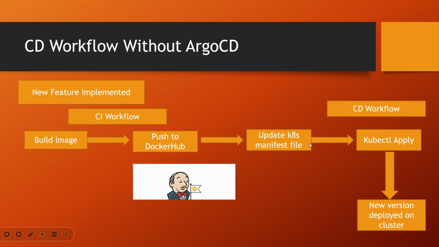Let's say you have the kube config for your Kubernetes cluster. That kube config secret also you have to configure on the Jenkins server. That is kind of a security breach. So these are a few drawbacks which we found by following the traditional approach using Jenkins. Those can be addressed if we are using the GitOps model.